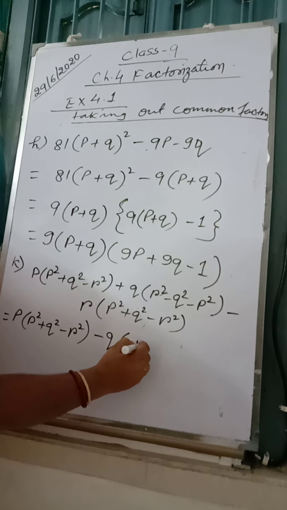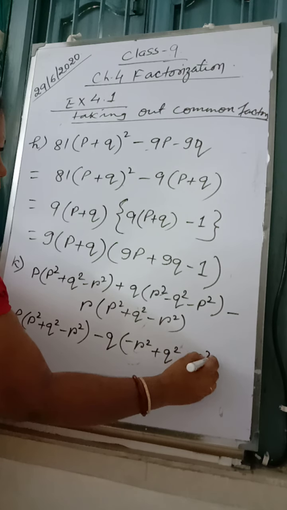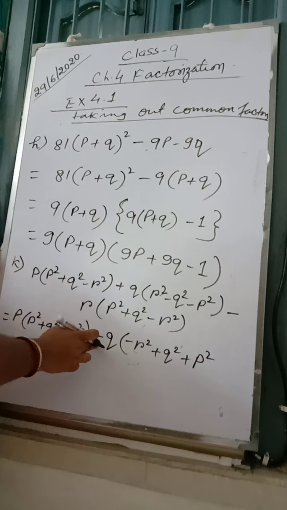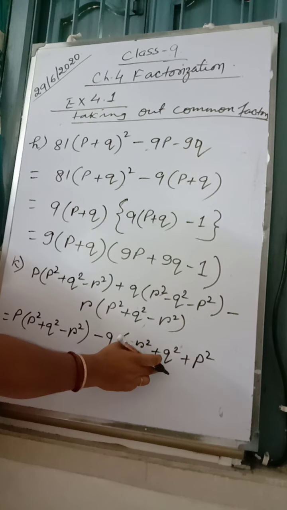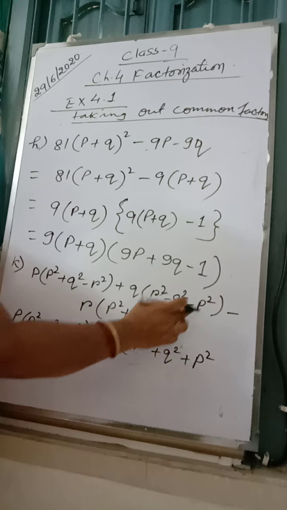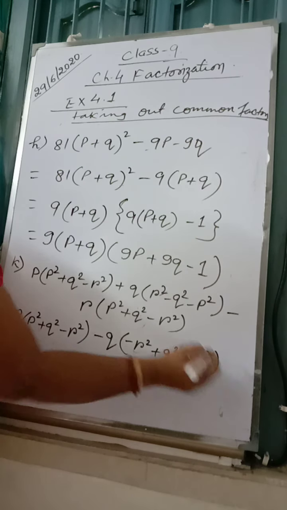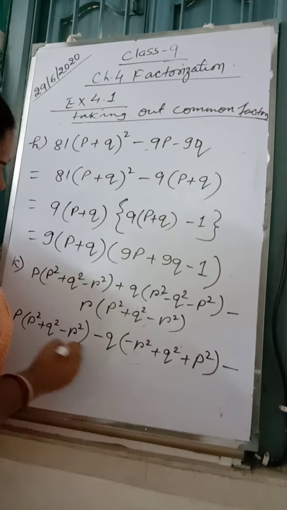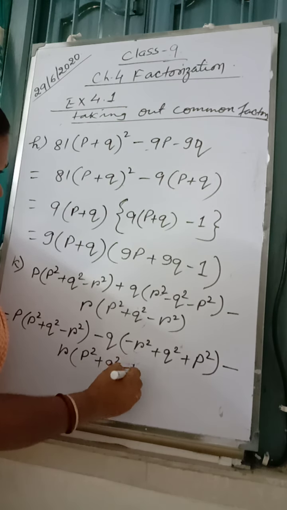This R square will turn into minus R square, and plus Q square plus P square. Because when we multiply minus Q into minus R square, this gives you plus QR square, and minus Q into plus Q square gives you minus Q cube. The value is the same. I am not changing the value, only I have changed the sign. Then minus R into P square plus Q square minus R square.